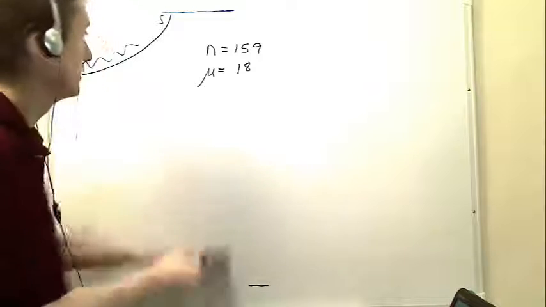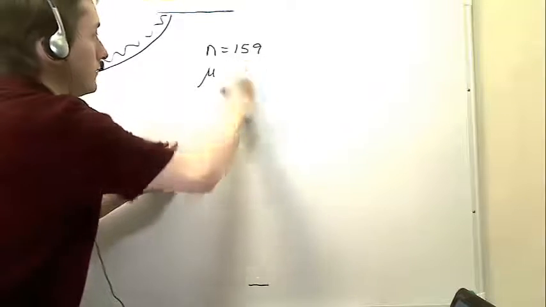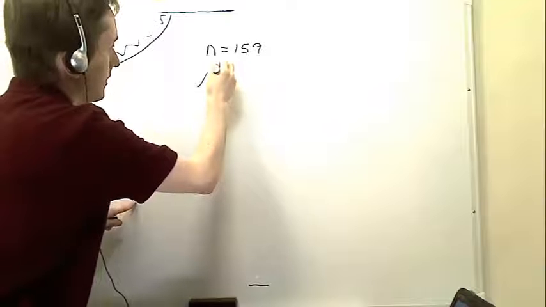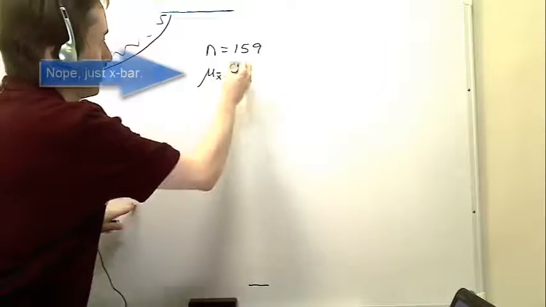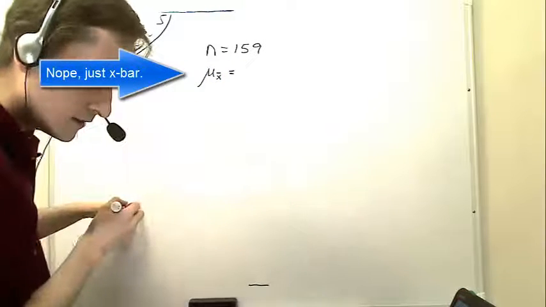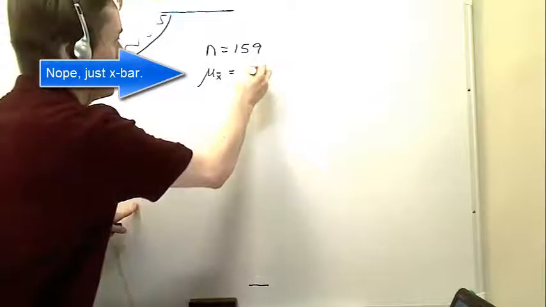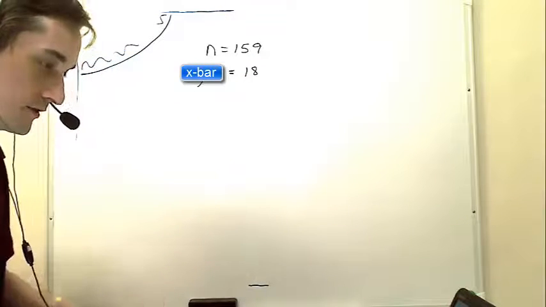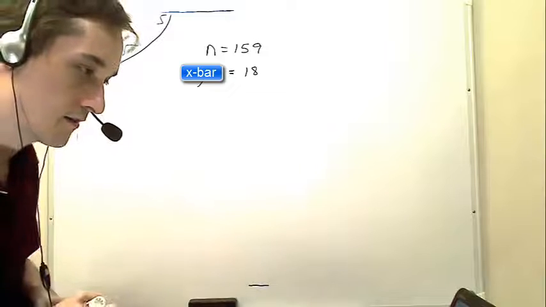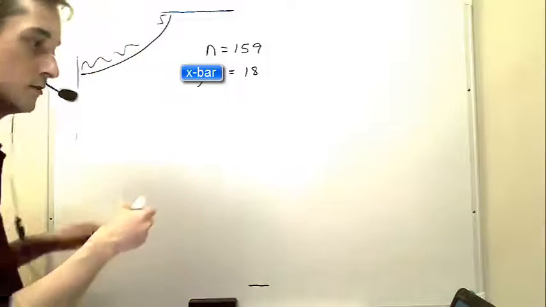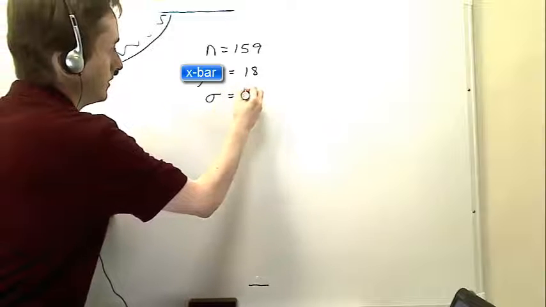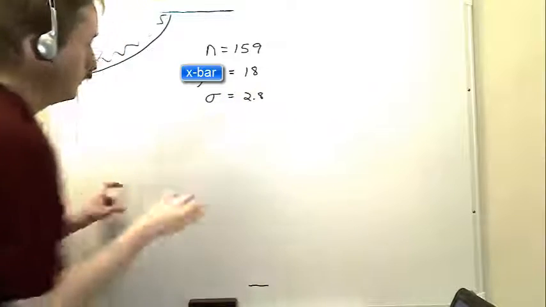And actually, let me specify that that is the mean for our sample. So that's mu sub x bar was 18 ounces. And the standard deviation of weights of all lobsters is thought to be 2.8.